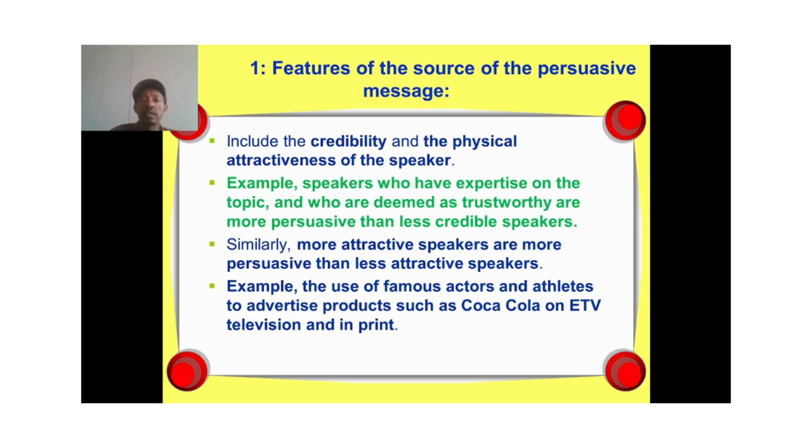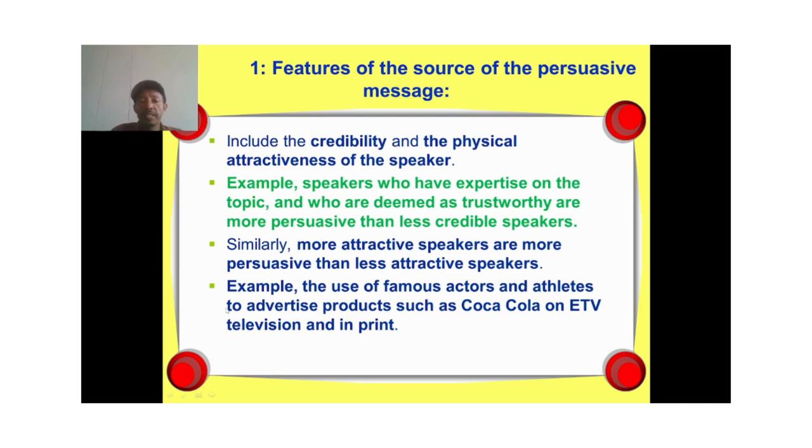So, for instance, different retailers, shoppers, companies use famous actors, athletes like Haile Gebrselassie to advertise products on Ethiopian television or in films, in Amharic films, or in different shows, or in print media, for instance, in magazine and in bulletin.